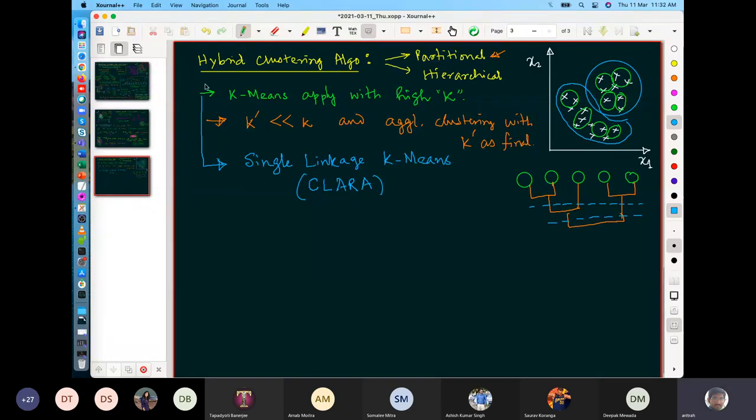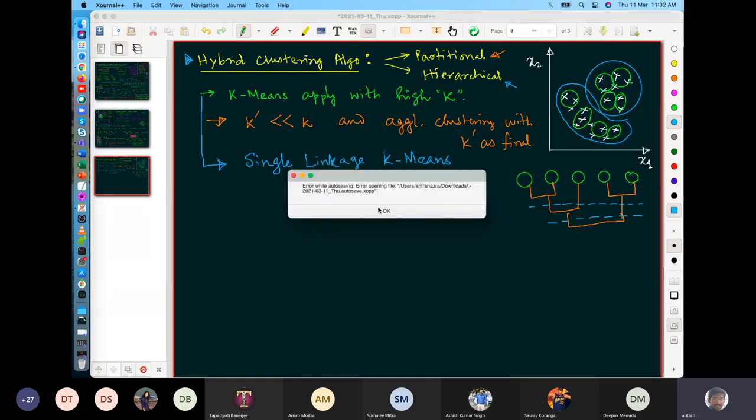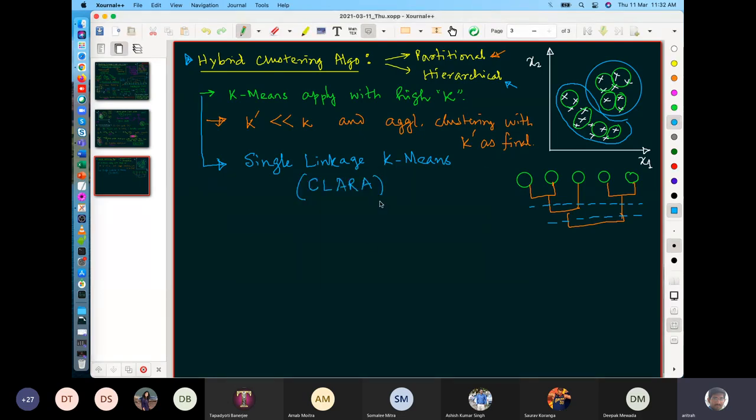I am just showing you one such hybrid approach. There could be many such hybrid approaches possible, and if you have free time you can try to implement different ones, because then the drawbacks of partitional clustering as well as the drawbacks of hierarchical clustering will be somewhat nullified.